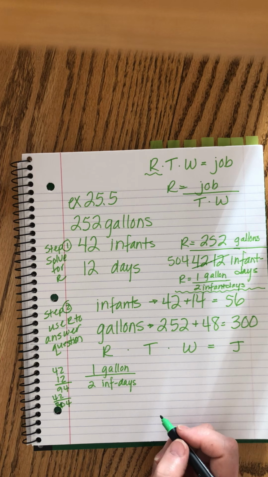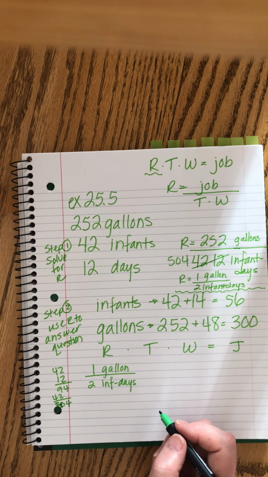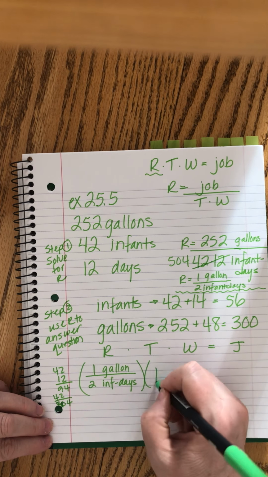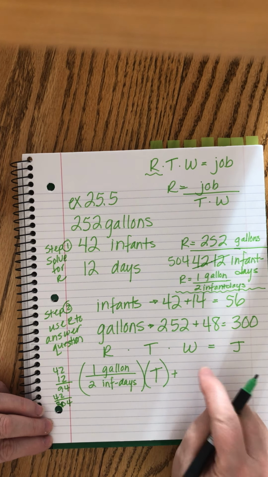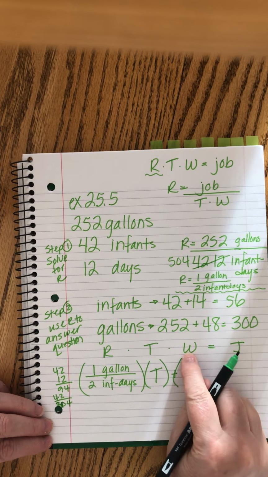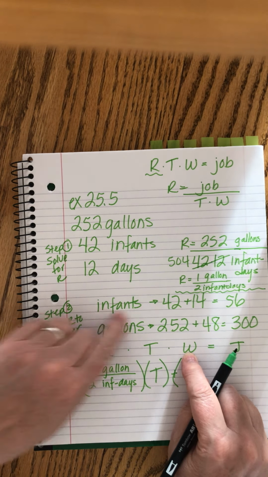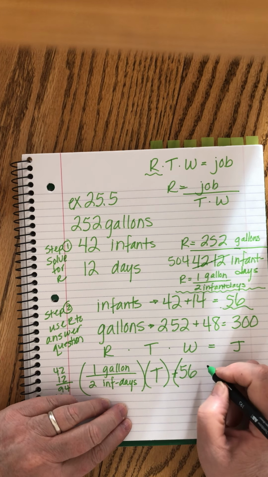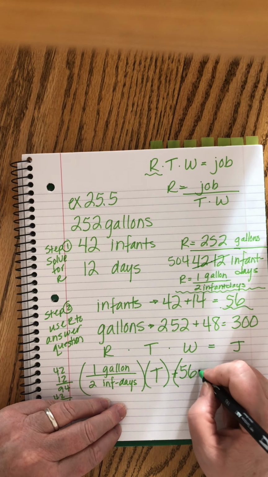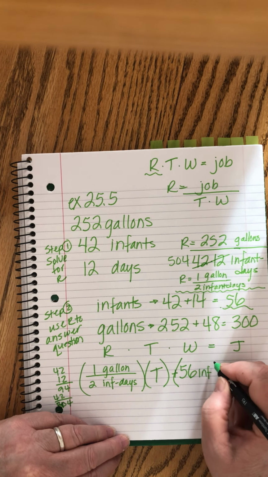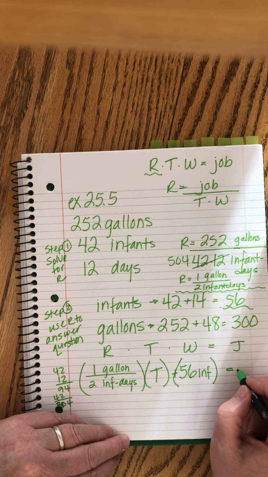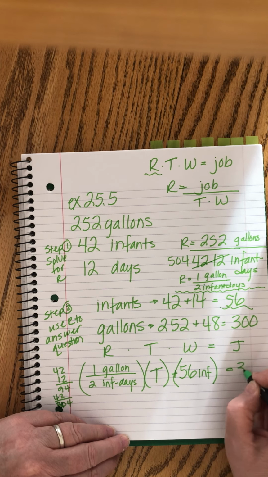The time that they have to drink this, we don't know. So we'll just leave that plain T. The number of workers that we have has gone up to 56 infants. And the job that they have to complete is 300 gallons.